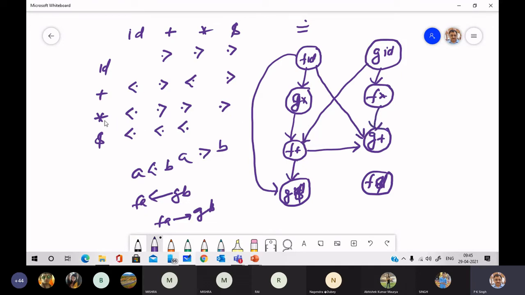Okay, F asterisk to G asterisk, and next F asterisk to G dollar, this.